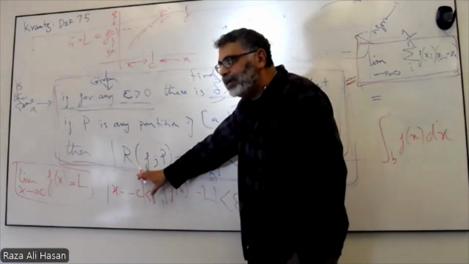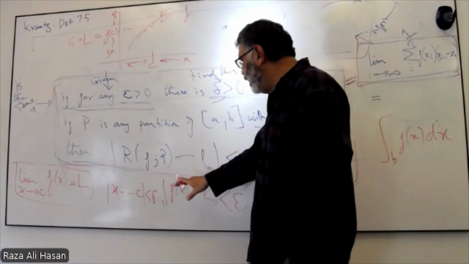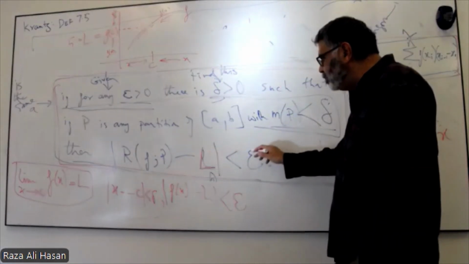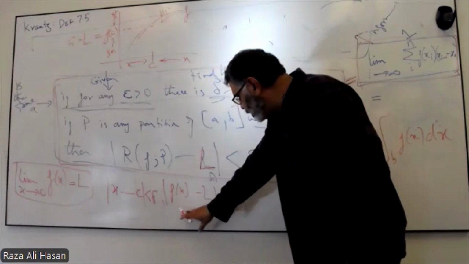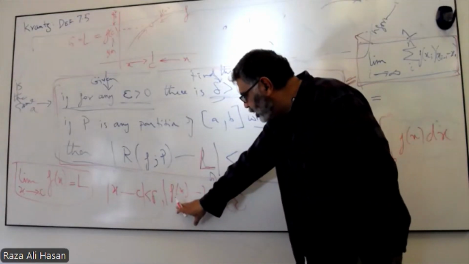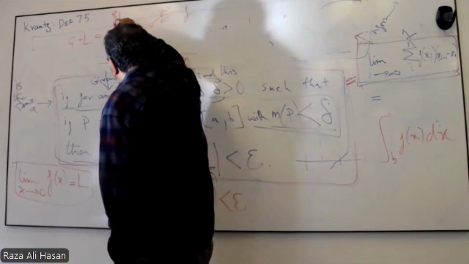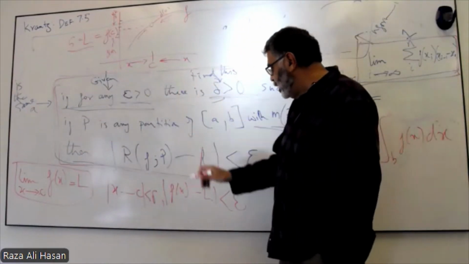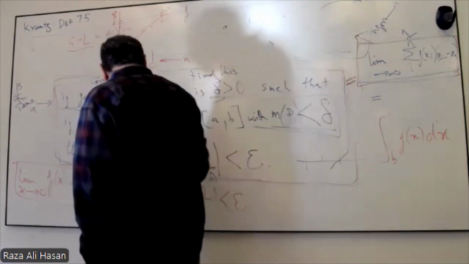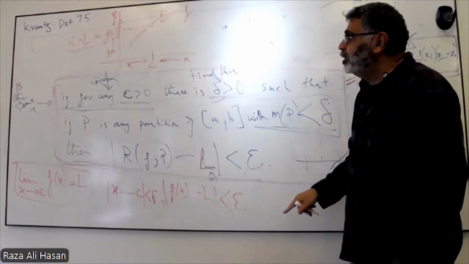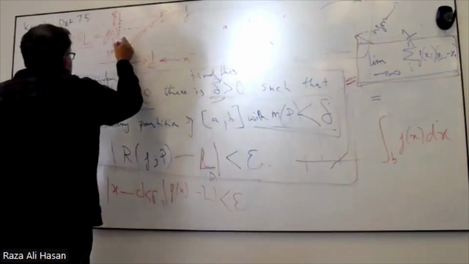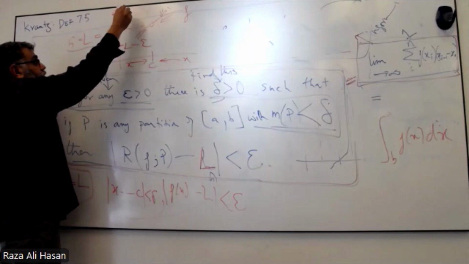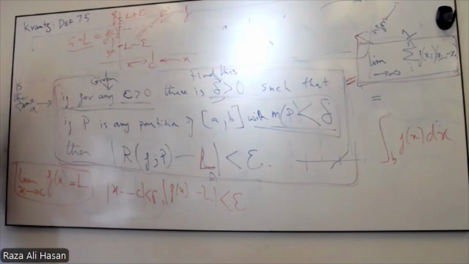You have the approximate area and then the actual area, and their difference better be less than epsilon, as in when the difference between the functional values and the actual limit value better be within epsilon. And how did we show that? If you remember, this would be L minus epsilon, and then this would be L plus epsilon.